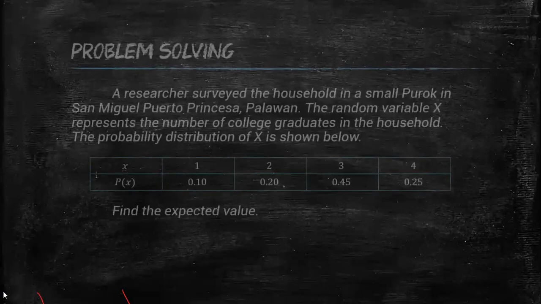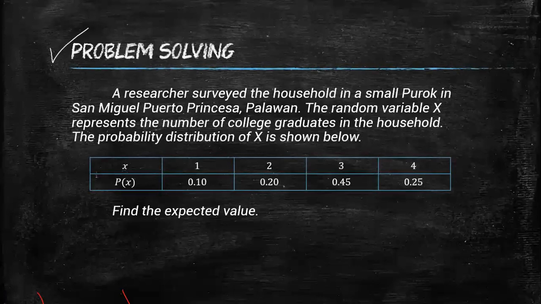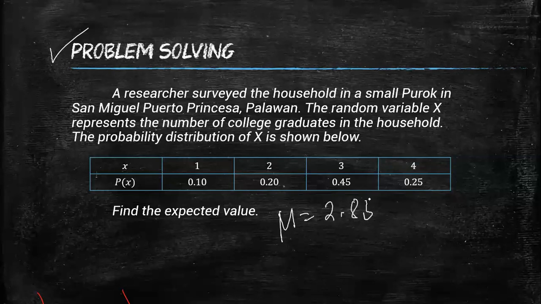Now, ayan na to siya, di ba? Ano ibig sabihin ng mu is 2.85? Sir, nakuha na namin yung mu is equal to 2.85 namin. Anong gagawin? Okay? So, ang gagawin natin is interpret natin to. Anong ibig sabihin pag mu is equal to 2.85? Ibig sabihin, class, ito yung mean, ito yung average na kung saan, with respect to the probability, ito yung number of college graduates per household.